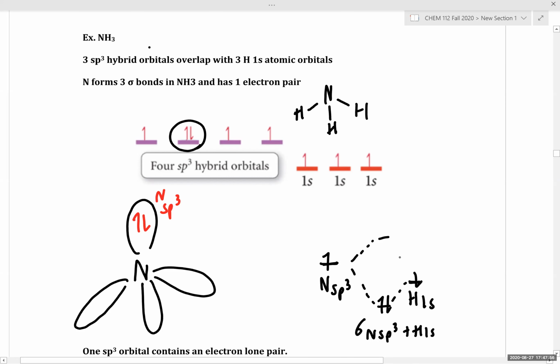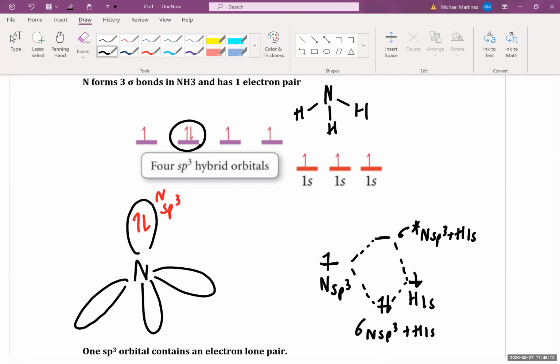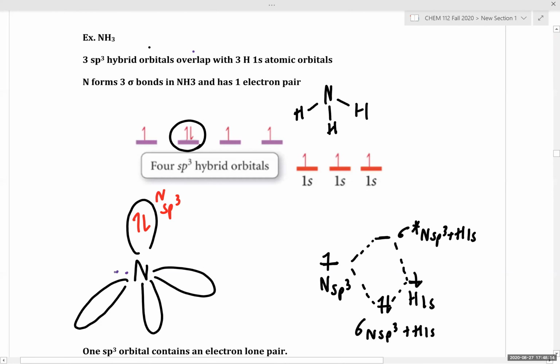And as a side product, as another orbital generated from this process, we generate an antibonding orbital. Just as a reminder, the antibonding orbital is located on the opposite side to our bonding orbital.